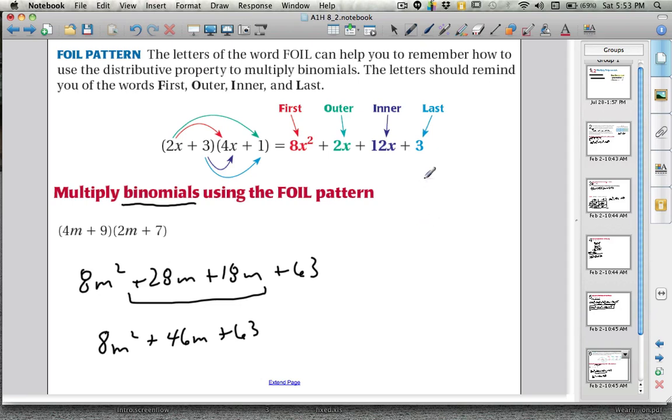Okay, and I want you to point out, because right now we're multiplying, and in later sections in this chapter, we're going to be factoring, which is essentially unmultiplying. And what I want you to remember is that when we look at a quadratic function and we look at the first and last term, we can kind of figure out what possible items were the firsts and the lasts, right?